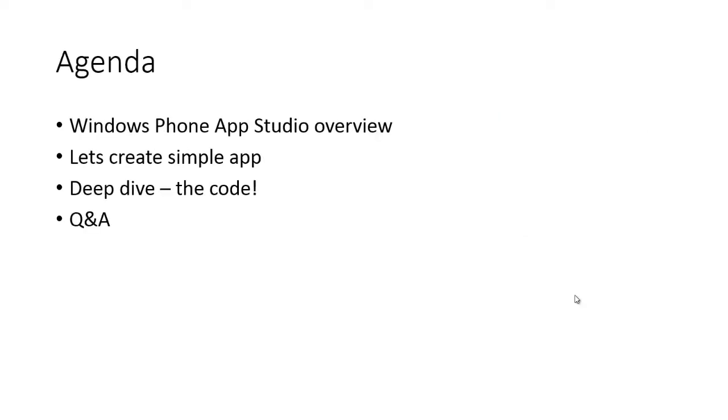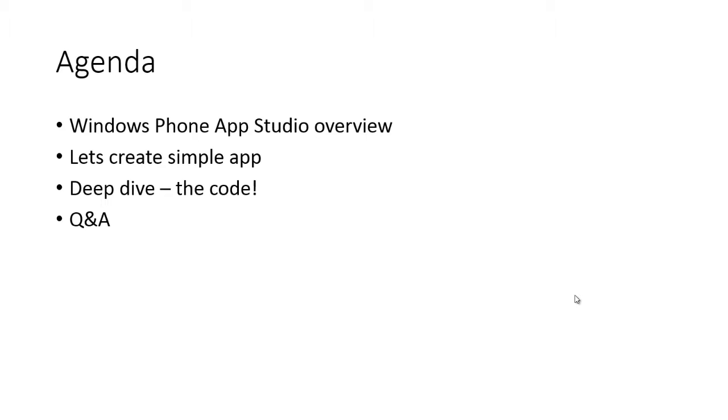This is our agenda. First of all, I would like to talk about Windows Phone App Studio and give you a short overview about it. Then we will move a little bit into practice. We will create a simple app. Then, based on that app, I will download the code and try to show you how it is divided and how we can expand those features available in that generated code.